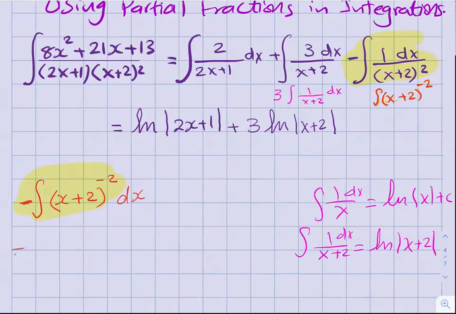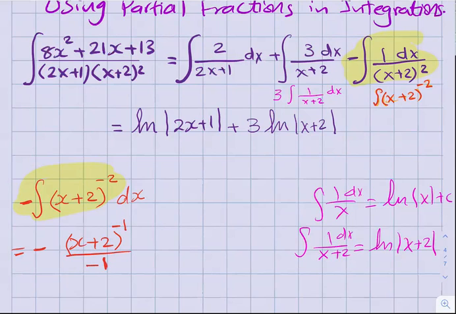So this equals, I will leave the minus outside for now just to show everything. Now x plus 2 to the power minus 2, you add 1 to the power, so it will be x plus 2 to the power minus 1, because minus 2 plus 1 is minus 1, and you divide by this lovely minus 1, which is the new power.